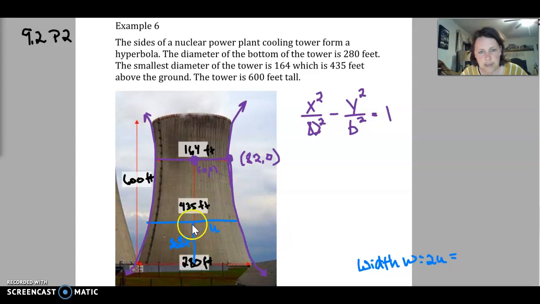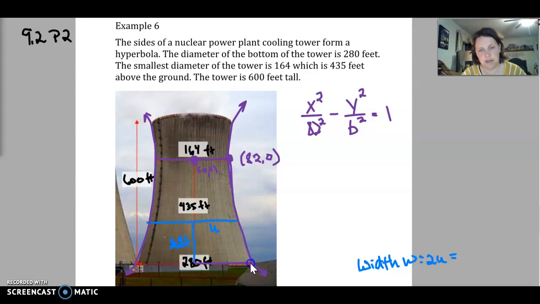So let's see this blue line right here. This is what we want to find. But they also tell us that 435 feet down to the ground is a total width of 280 feet. So let's look at this on our coordinate plane here.